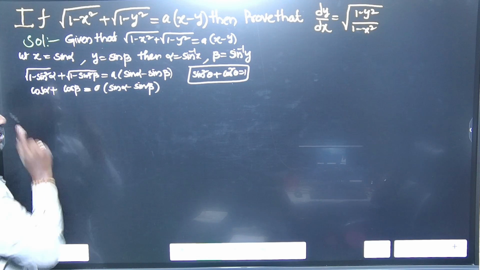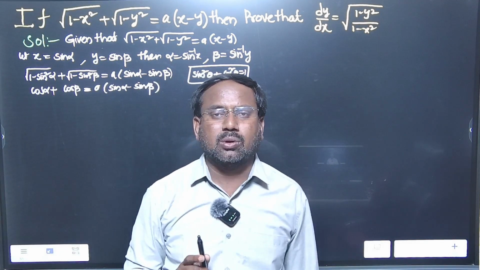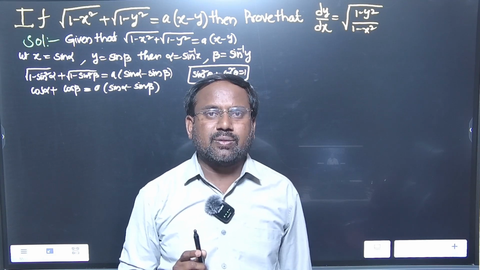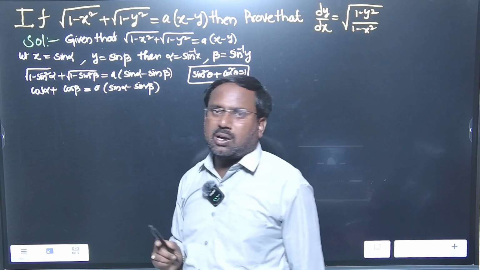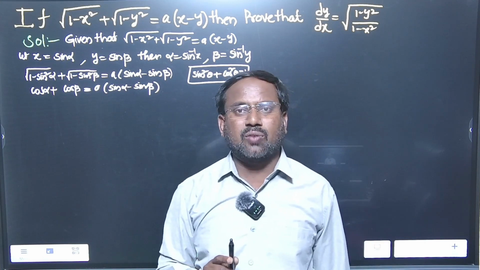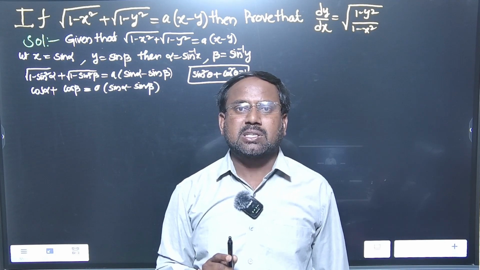Cos C plus cos D is equal to 2 cos of C plus D by 2 cos of C minus D by 2. And the second formula, sin C minus sin D is equal to 2 cos of C plus D by 2 sin of C minus D by 2.